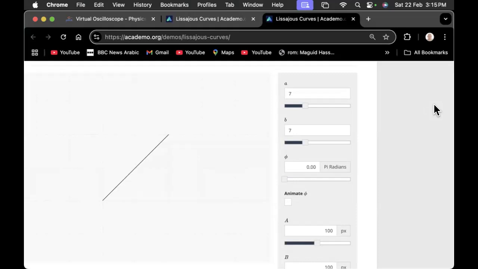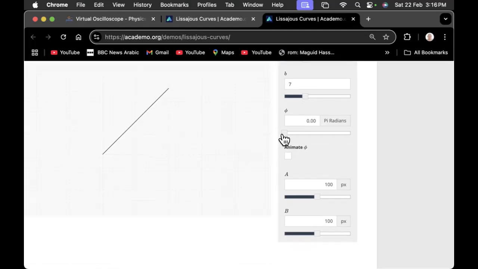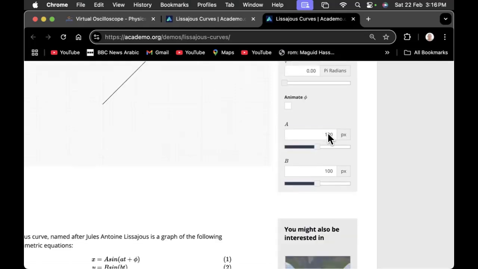So now for this case, A and B have identically the same amplitude, identically the same frequency, but we just change the phase from 0 to 360. Now, what if A and B have the same frequency, the same phase? So I will keep here the phase as 0, and they have different amplitude. So I will change this, for example, to 120, and I will change this, for example, to 50.